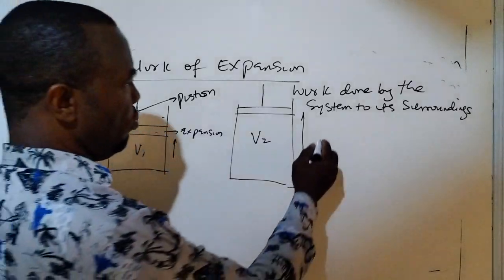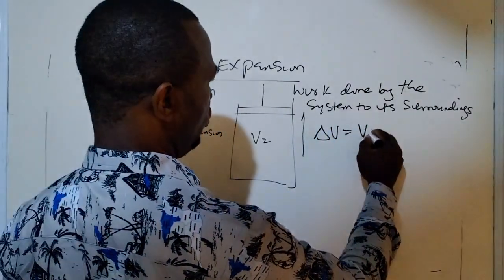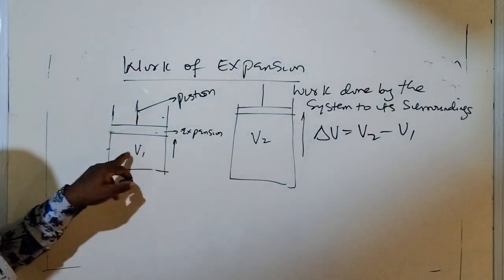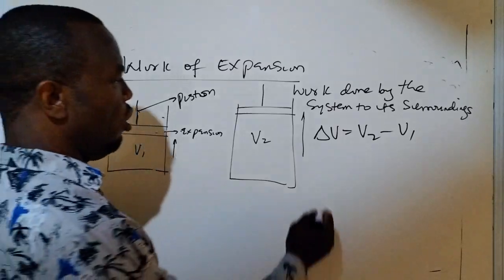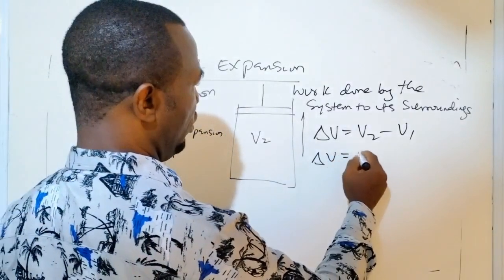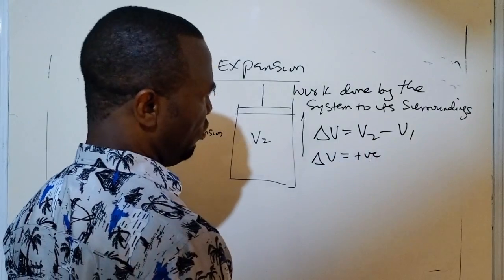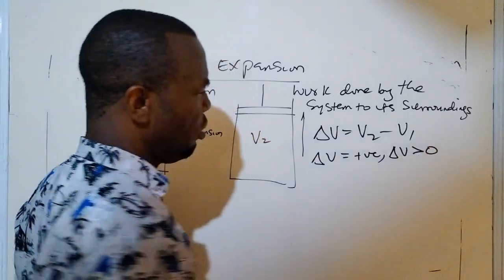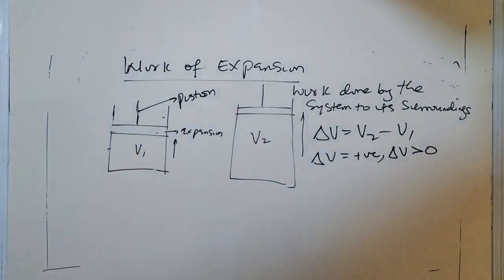The change in volume here becomes V2 minus V1. And of course, V2 is higher than V1. That means the change in volume will now become a positive value, greater than 0, because V2 is higher than V1. So this is work done by the system to its surroundings.